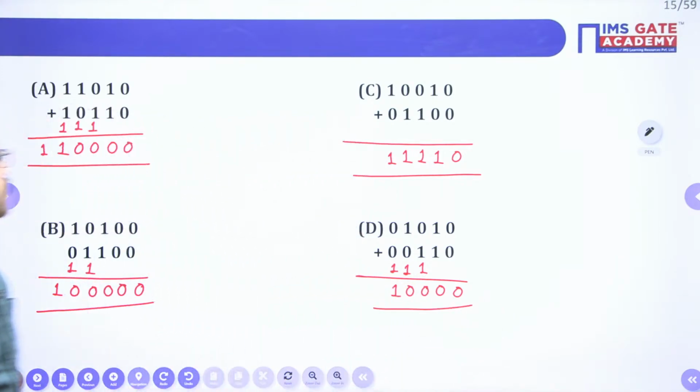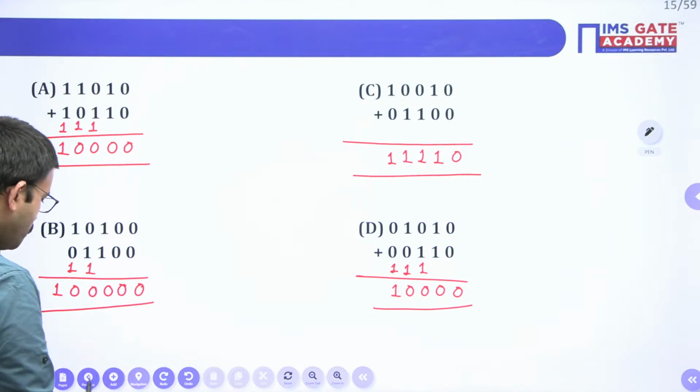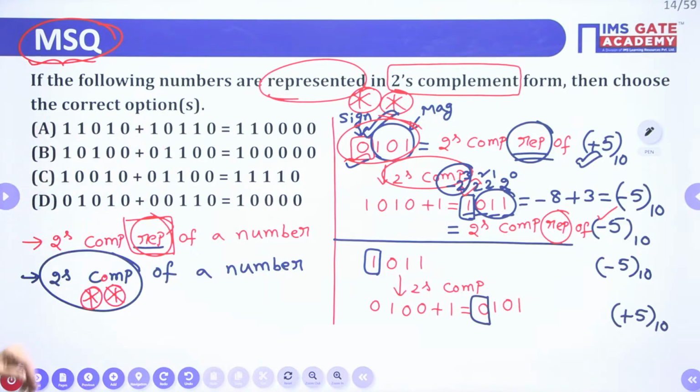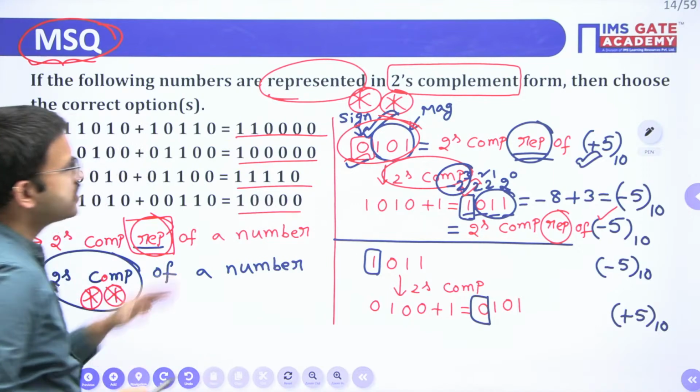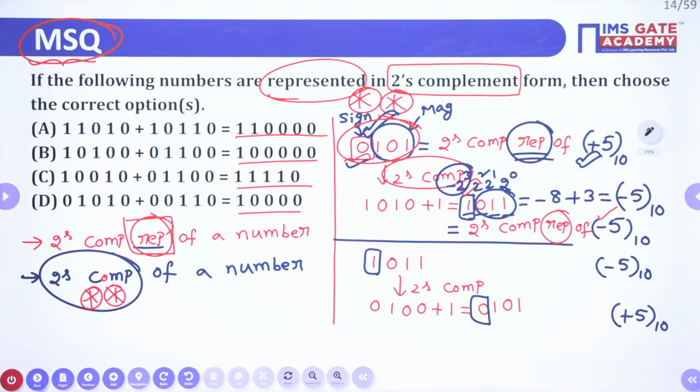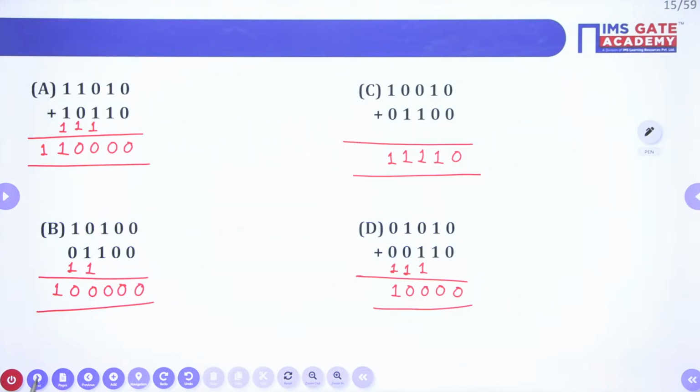Now you are getting 4 choices like this. Now if you look at all the choices, whatever numbers they have given: 11, 4 zeros. Next, 1 followed by 4 zeros.